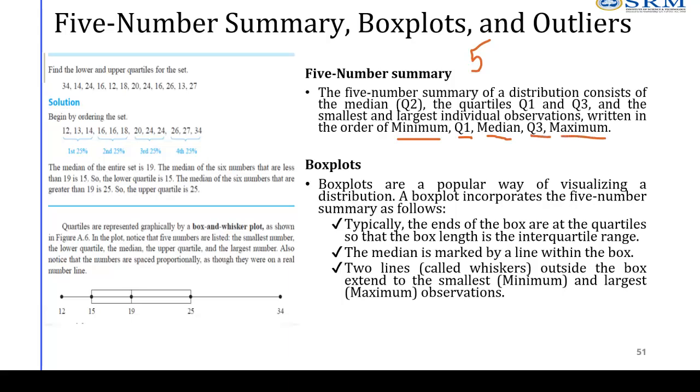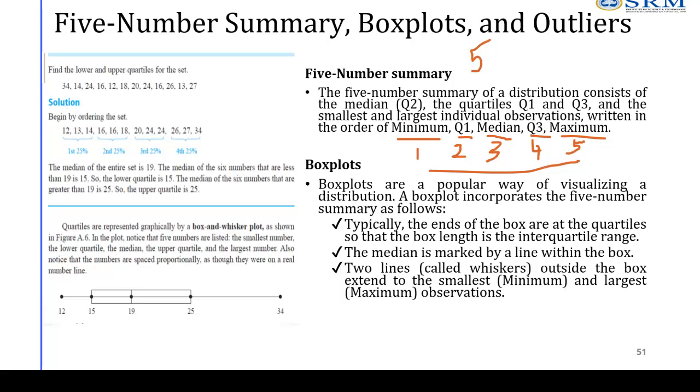So these are the five numbers. That is why they call it a five-number summary. All these five contribute, and so they say it as a five-number summary.